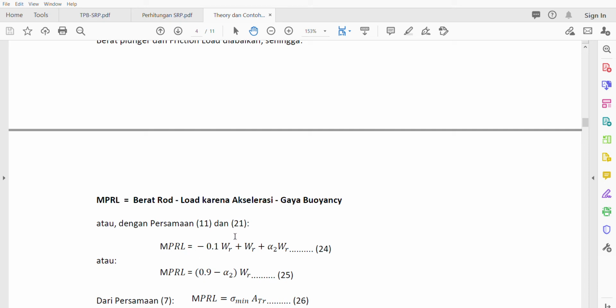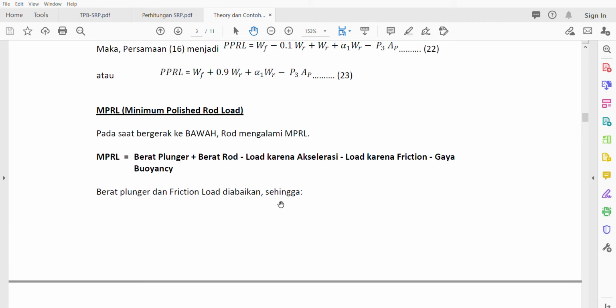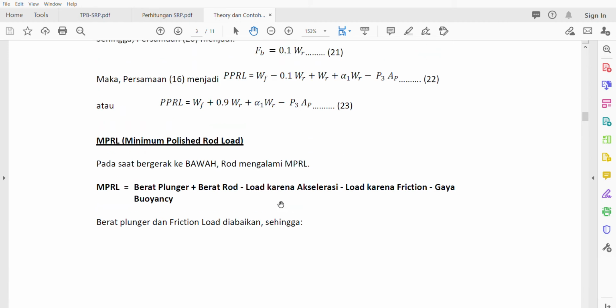And this one, it moves up, so the weight of the rod becomes negative, weight of the rod positive. I'm sorry, this goes down also. This goes down also. Okay. So from this equation there, the load acceleration is negative, friction buoyant is negative.